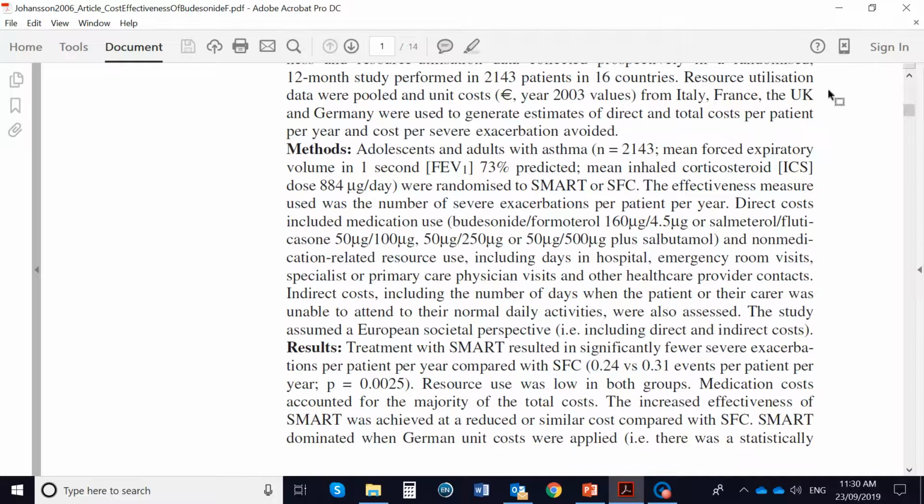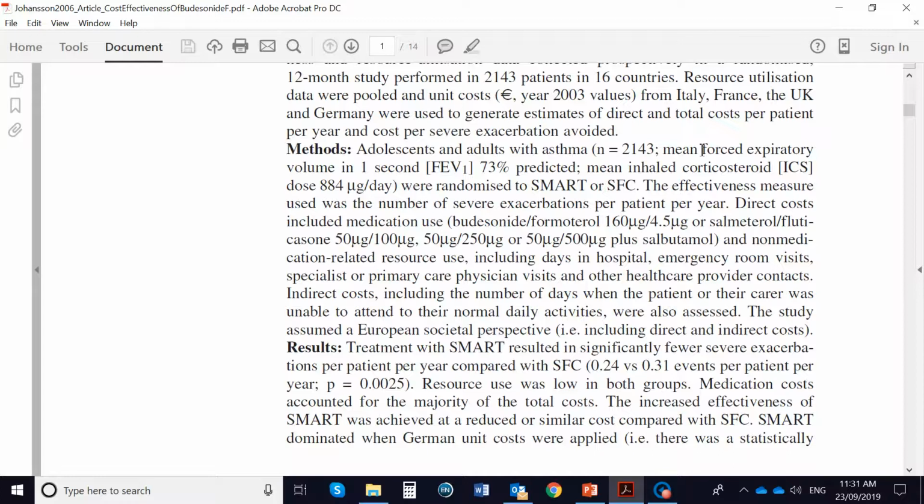So resource utilization data, so basically they look at estimates for direct and total cost per patient per year. So they look at whatever the cost is to the patient, as well as they also measure the cost of any exacerbation of asthma, because that is part of the cost.